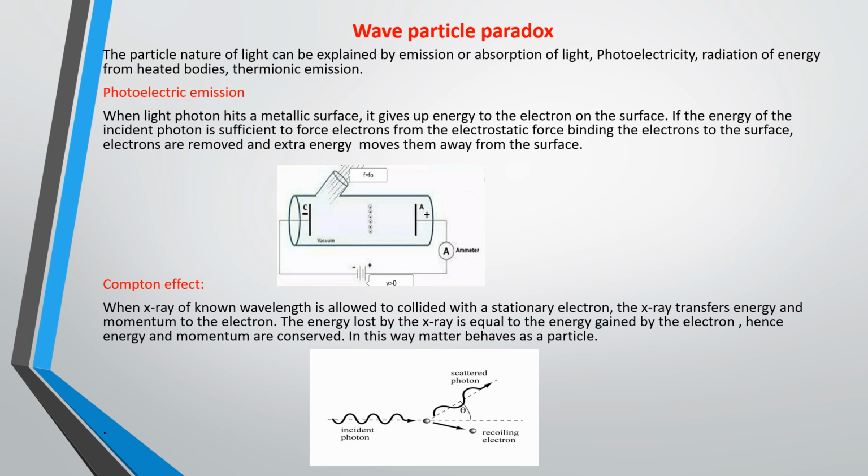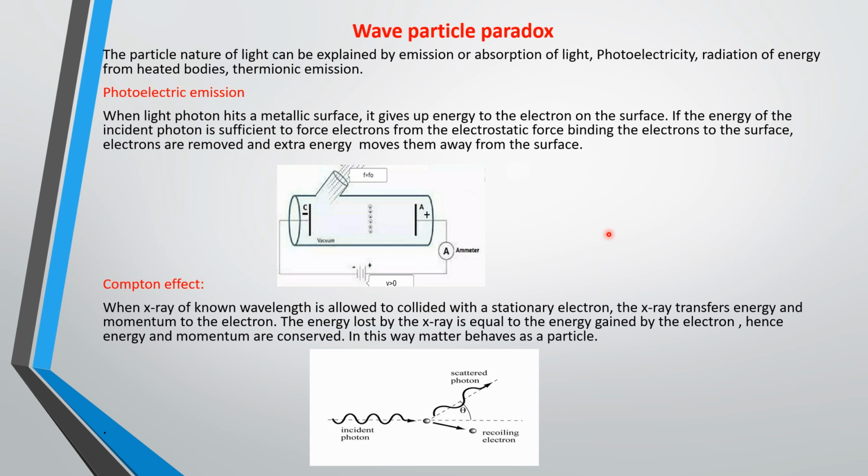The particle nature of light can be explained by emission or absorption of light, and this is more practically demonstrated by the photoelectric effect, radiation of energy from heated bodies, and thermionic emission.